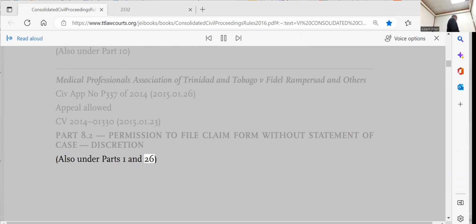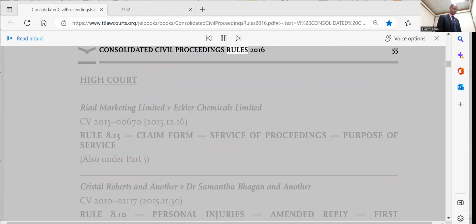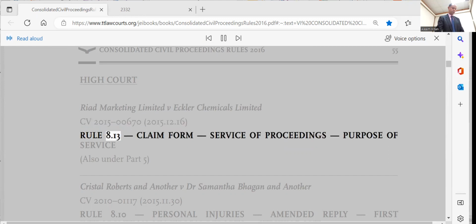Supreme Court of Judicature of Trinidad and Tobago, 2016. Consolidated Civil Proceedings Rules 2016-55. High Court. Riyadh Marketing Limited v. Eckler Chemicals Limited. CV 2015-00670, December 16, 2015, Rule 8.13, claim form, service of proceedings, purpose of service, also under Part 5.